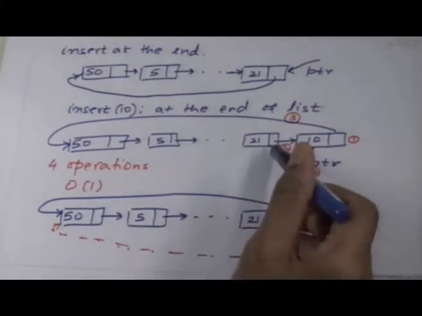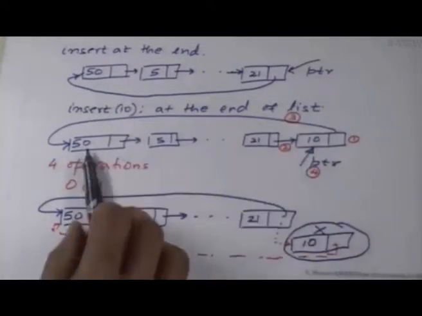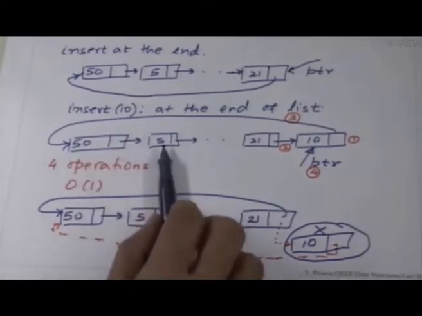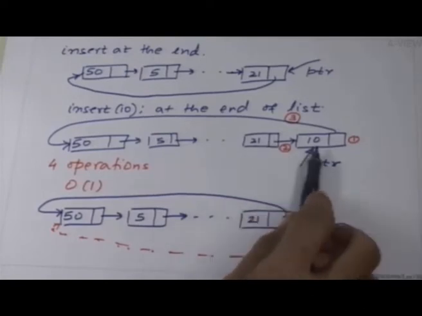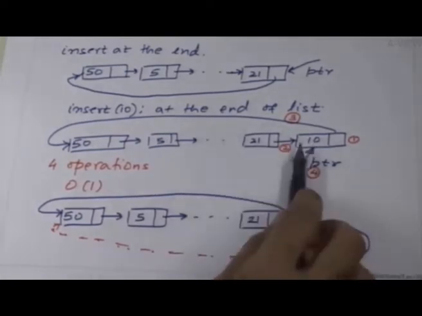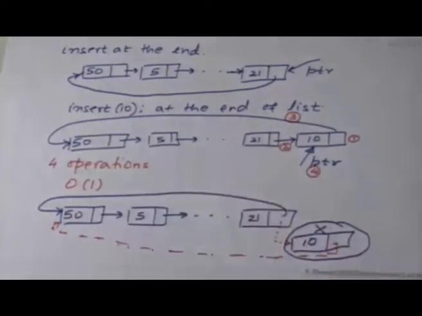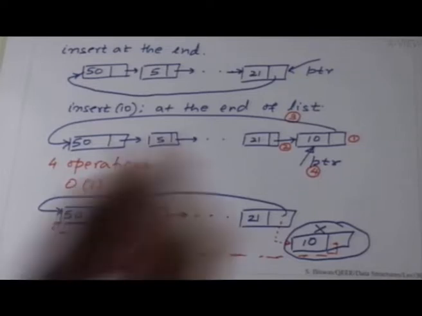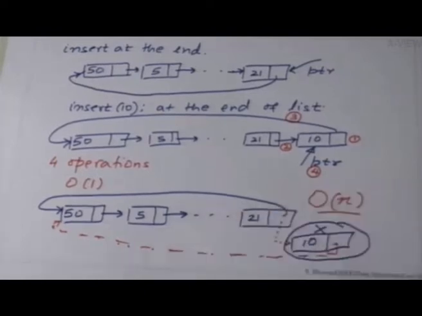The only way you can reach 21 is to start from 10, look at the next element 50, look at the next element 5, keep going, the next element 21, and after 21 I see 10. So I know I have completed the cycle. So I have to go round the list all the way before I detect the previous element of the rear element. And this is why this operation, deleting the rear, is an expensive operation. You have to run down the list and thereby incur a cost of traversing the entire list. So this is O of n.